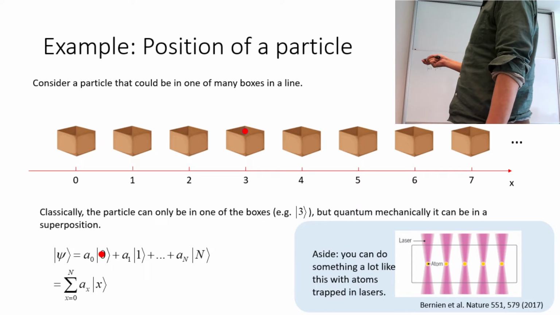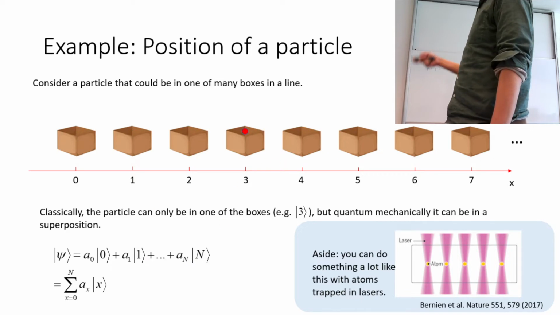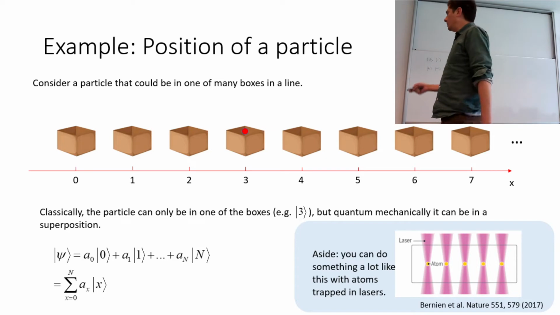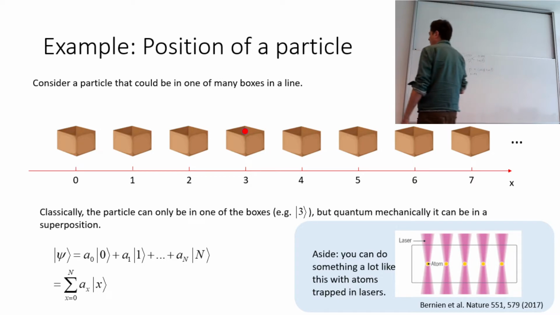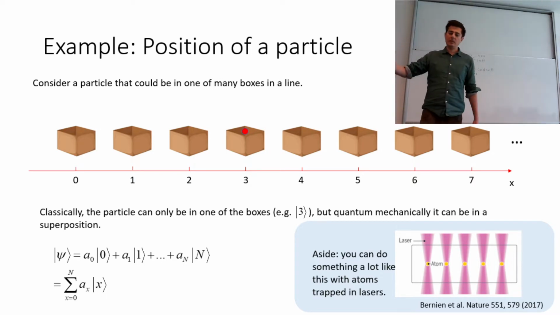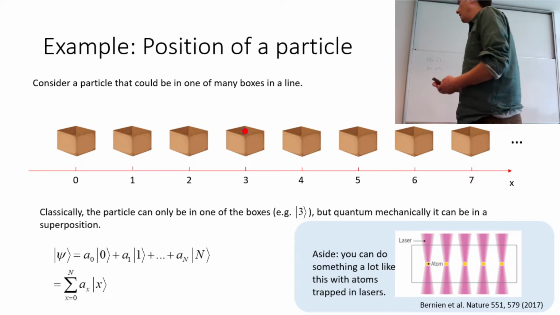Here, these states, 0, 1 to n, mean that state 0 is the particle in this box, and state 1 is the particle in this box, and so forth. But quantum mechanically, we can have a superposition, with some complex coefficients in front of these, so it can be written as a state like that, a superposition of the states in each of these boxes.